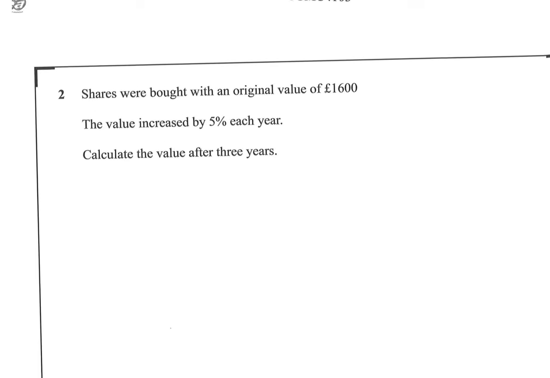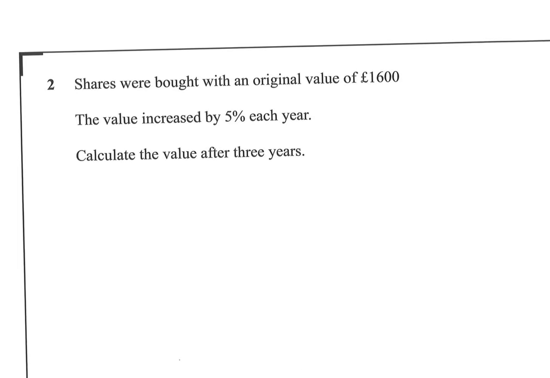Question 2 says, shares were bought with an original value of £1,600. The value increased by 5% each year. Calculate this value after 3 years. If something increases by 5%, it goes up to 105%, which as a decimal is 1.05. We're going for 3 years, so in your calculator do 1.05 to the power of 3, then times 1,600.